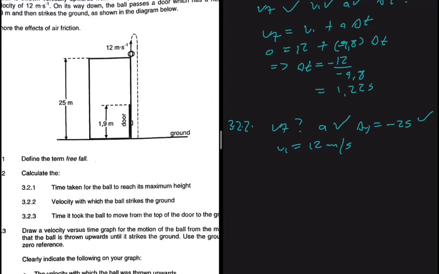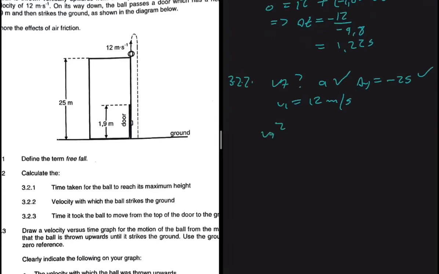Which formula can we use? We're going to have VF squared equal to VI squared plus 2A delta y. So VF squared is exactly what we're looking for. VI is 12, and then 2 multiplied by A, minus 9.8, delta y, minus 25, right?